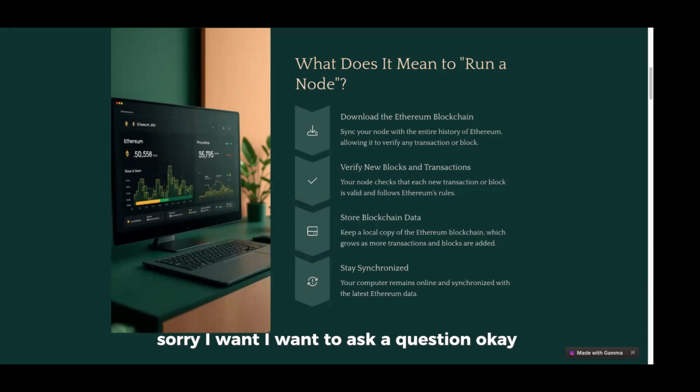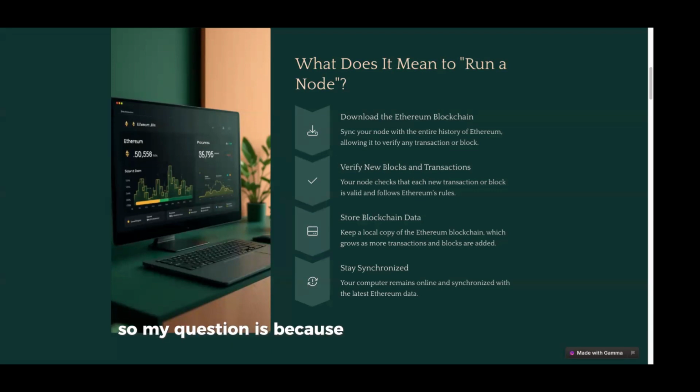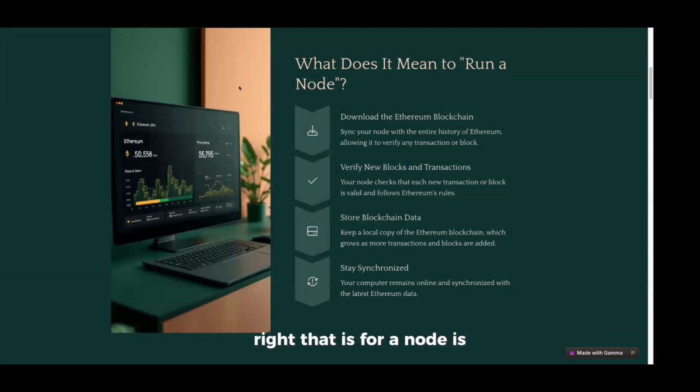Okay, my question is, your template says "stay synchronized" for a node. Does this happen automatically, or do you always have to refresh to get the latest data? You don't need to refresh it.